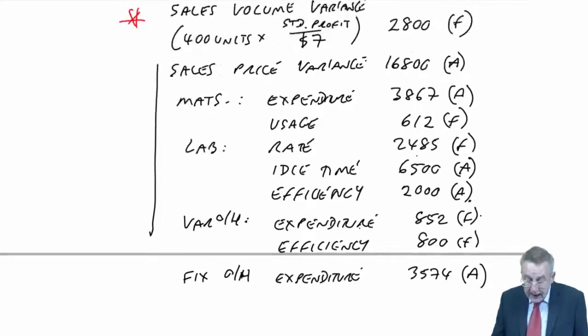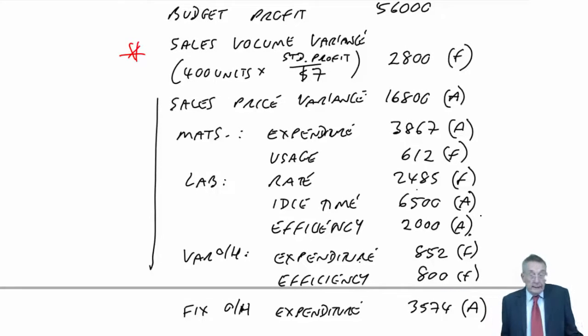And I'll try and explain, although ultimately a rule's a rule, and it should really be a revision of what you've done earlier anyway. But when we did the sales volume variance, we used standard profit per unit, $7. Which is easy. I think it's easy to remember and it seems sensible.